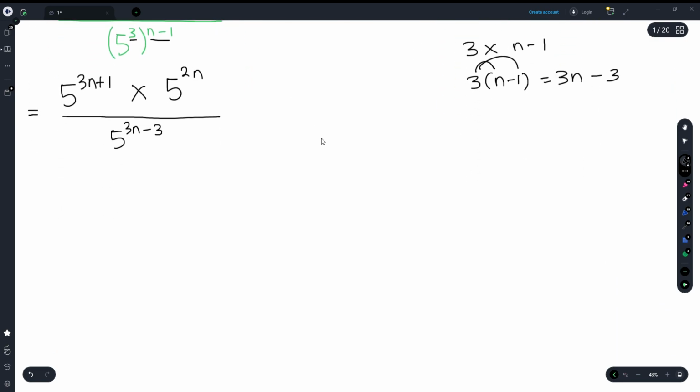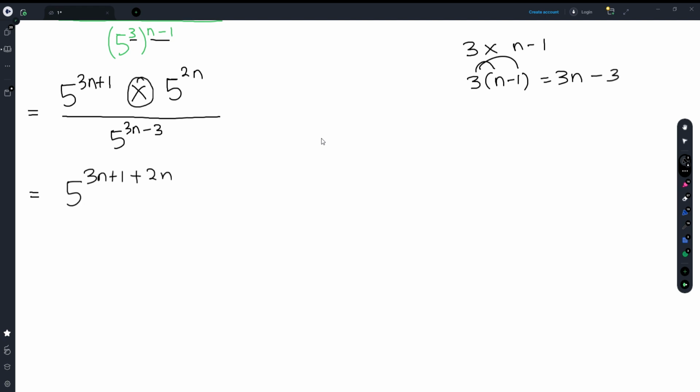As you continue, now everything is the same base: 5, 5, 5. So you can add and subtract their powers according to the operation. For the first one, 5 to the power of 3n plus 1, you must add 2n, because there is a multiplication. Then there is a divide, so you must subtract, in bracket, 3n minus 3. Why a bracket?